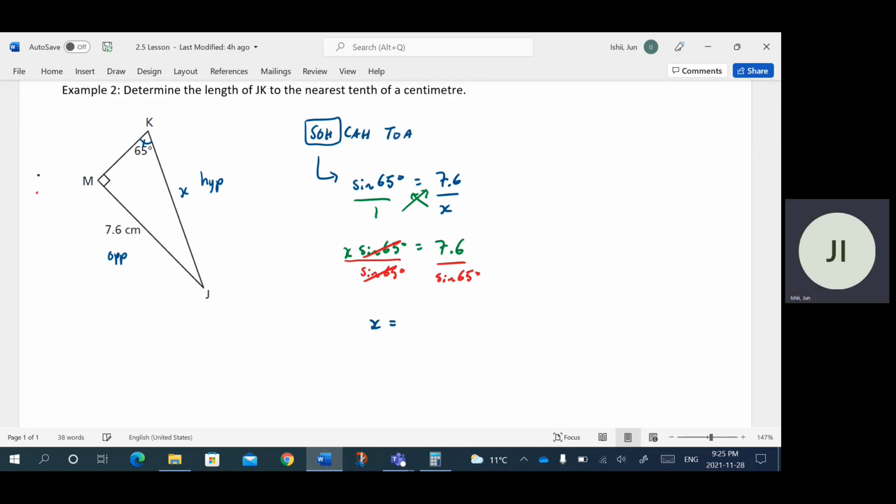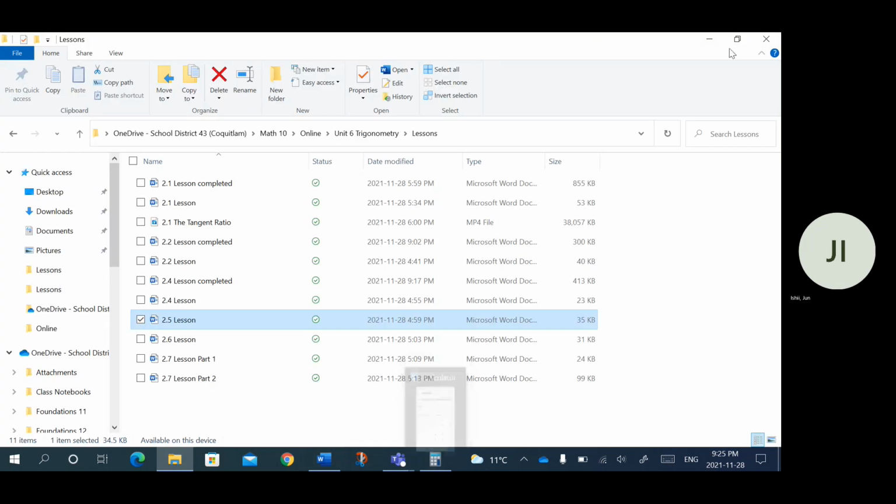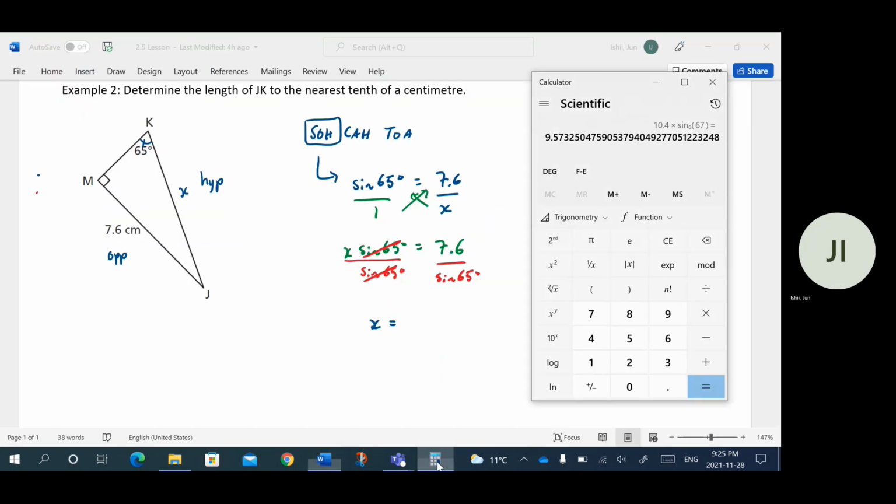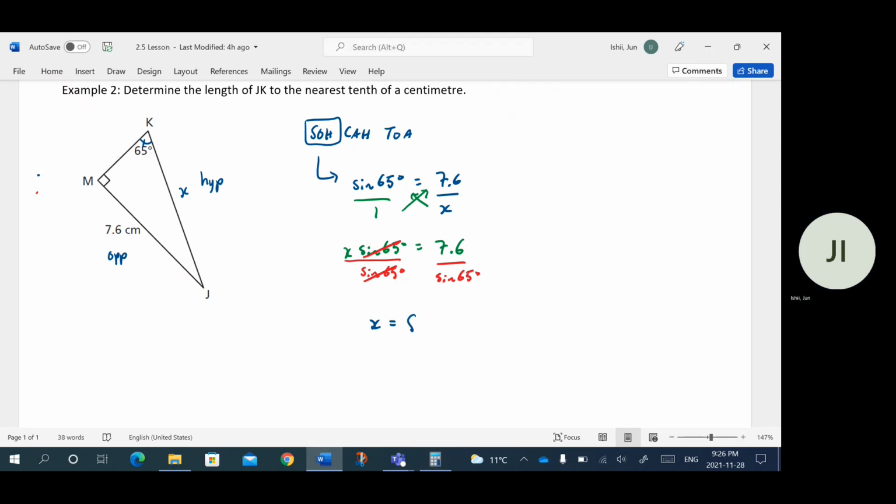Therefore, x is going to equal 7.6 divided by the sine of 65 degrees. I'll punch that in: 7.6 divided by sine 65, equals. It turns out to be 8 point, which I will round to 4. So 8.4 centimeters is our answer.